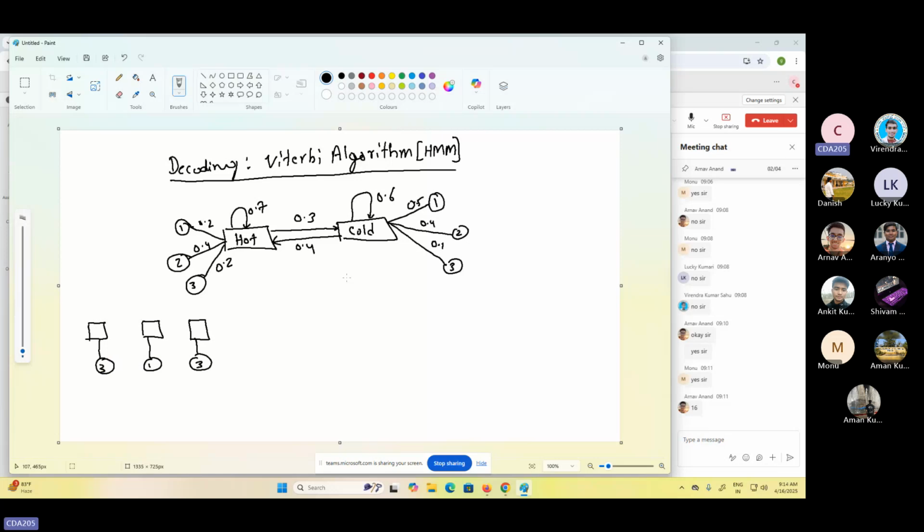The question will be: find the hidden state for the sequence 3, 1, 3. If a person eats three ice creams, one ice cream, and three ice creams, then what is the hidden state? Have you understood the question, everyone?